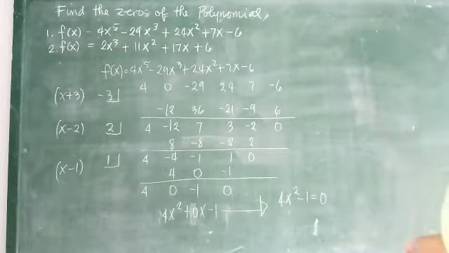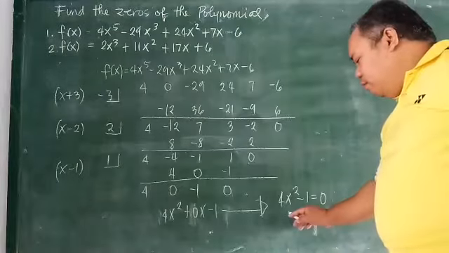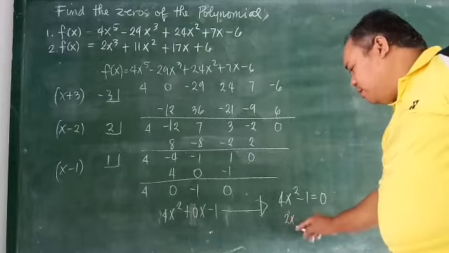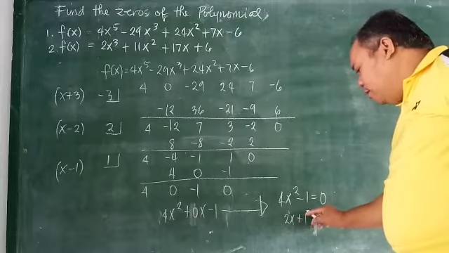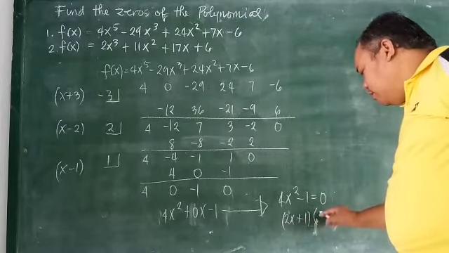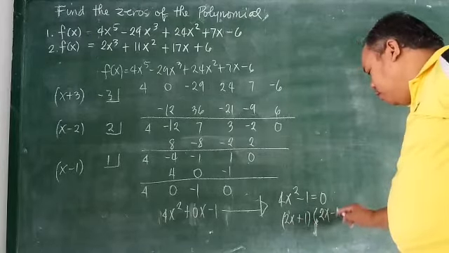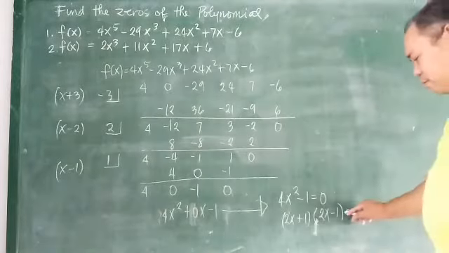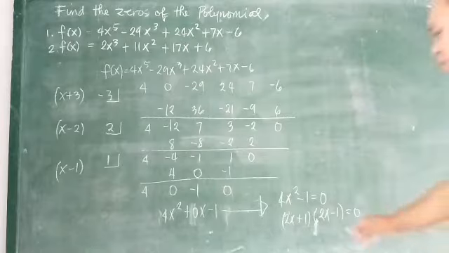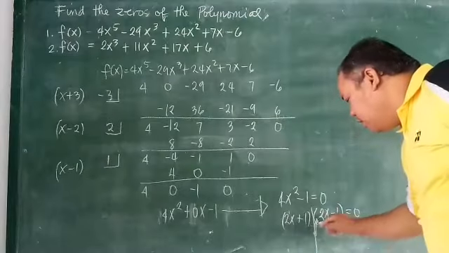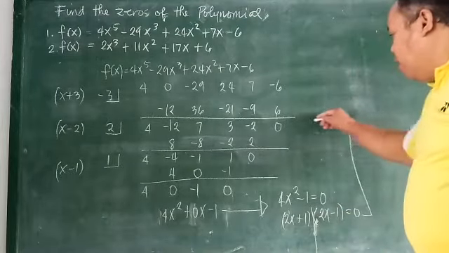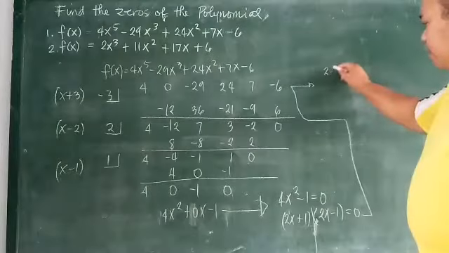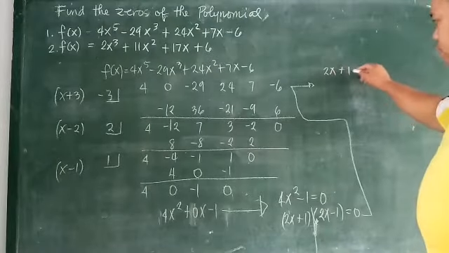So therefore, pag pinactor ko ito, ang factor dito is 2x plus 1. The other one is 2x minus 1. Diba? The difference of two squares. Alala niyo na ito? Quadratic. Now, if I'm going to solve this, 2x plus 1 is equal to 0.